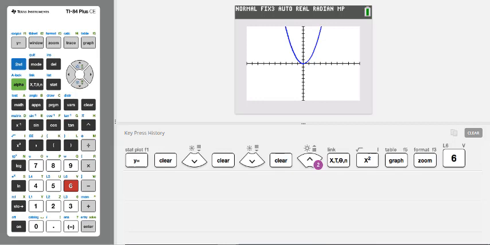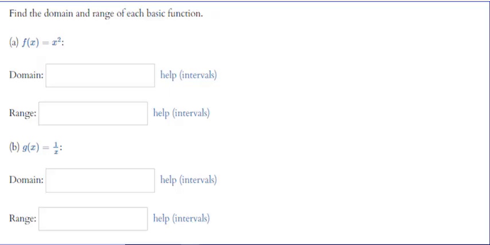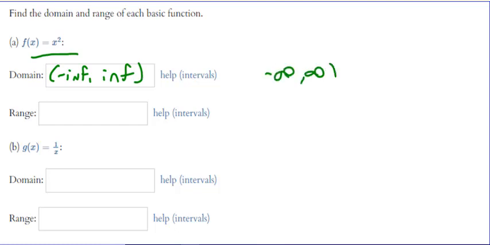Now, I could do Zoom Fit if I wanted to, and it would expand it out. But what you have to understand is this particular function is a quadratic. So its domain will always be from negative infinity to positive infinity, period.